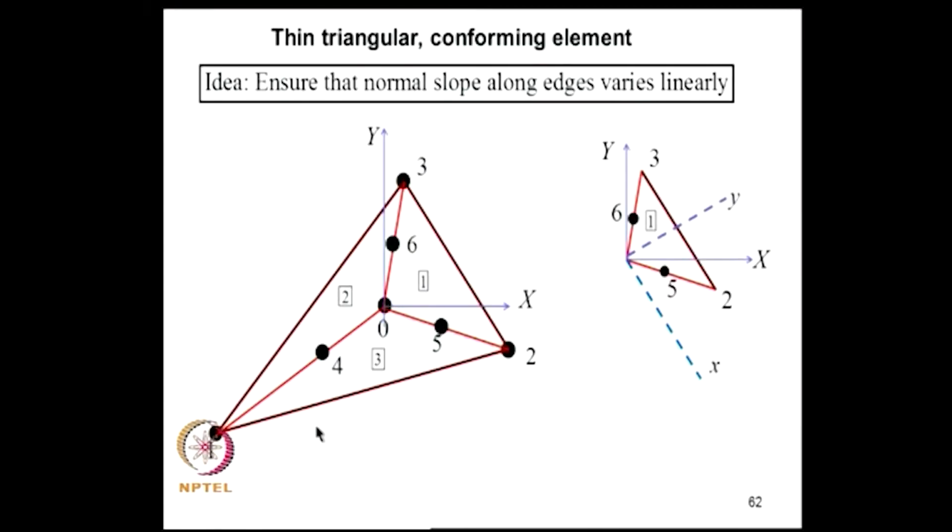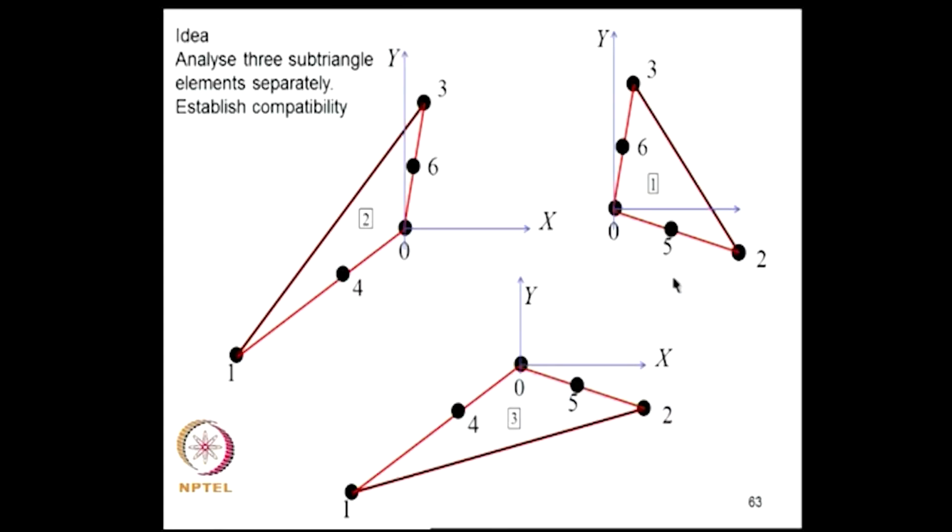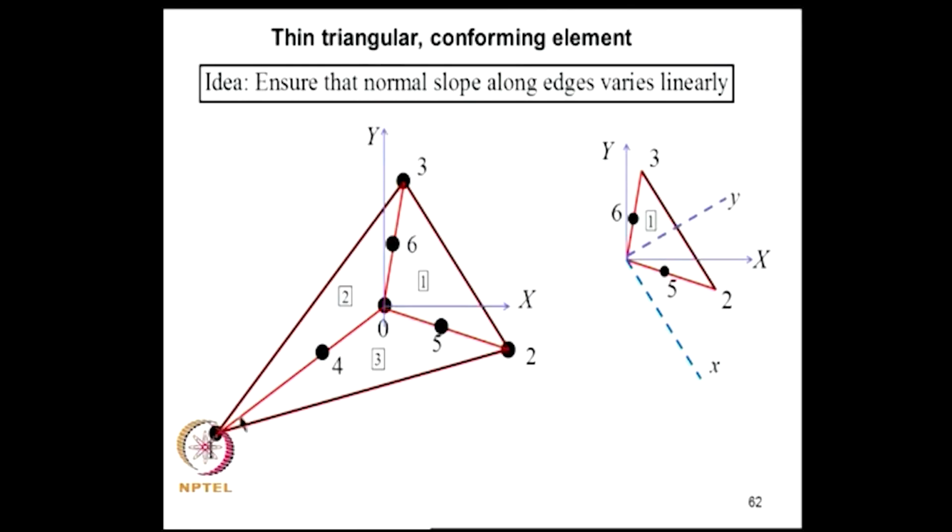We will also develop another approach for a thin conforming triangular element, where for this triangle element 1, 2, 3, we will introduce an internal point O and divide this triangle into 3 sub triangles 1, 2 and 3, and we will analyze each one separately. Consequently there will be 27 generalized coordinates, but for this triangular element there will be 9 coordinates.